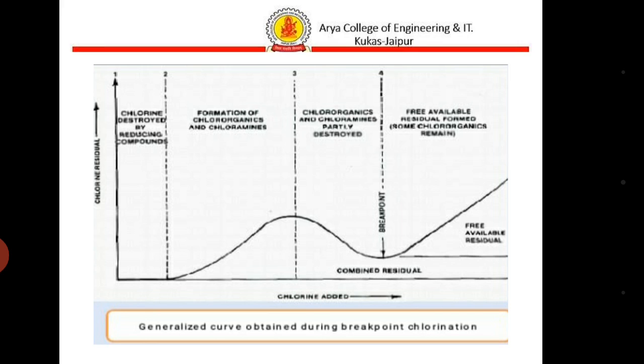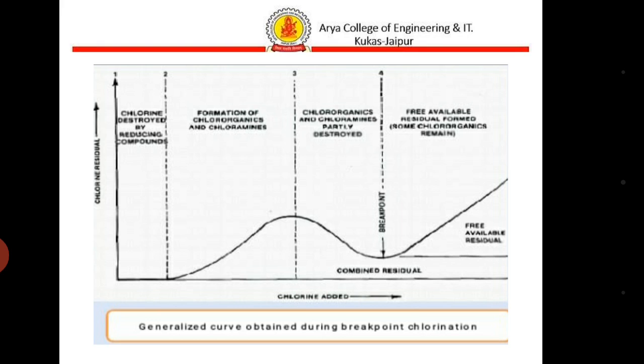All the added chlorine gets consumed in complete oxidation of reducing substances present in water. In the second stage, the chlorine dose is increased and the residual chlorine shows a steady increase. This stage corresponds to the formation of chloroorganic compounds without oxidizing them.